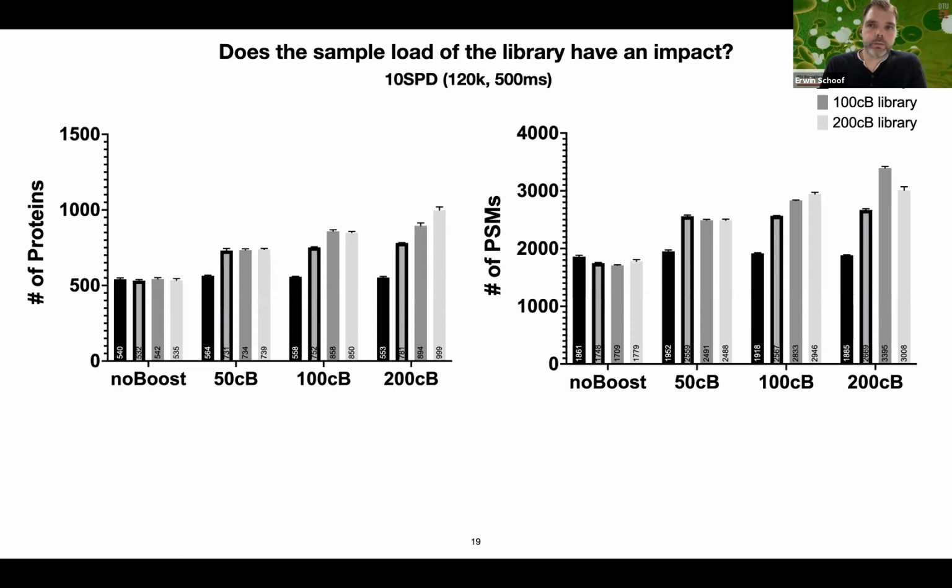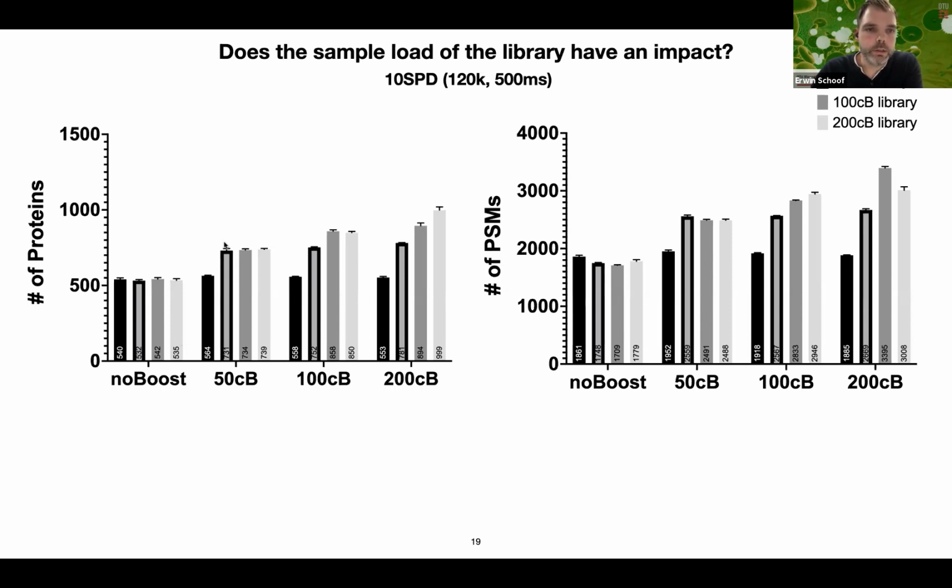Then the last part of this library analysis, we wanted to see what happens if we use different libraries for the respective samples. So we're checking here, for example, on the booster-free samples, what happens if we use the booster-free library, the 25-cell library, or the 50-cell library, the 100-cell or 200-cell library. You can see that the 200-cell library doesn't actually perform any better, and maybe even a little bit worse than the booster-free library.